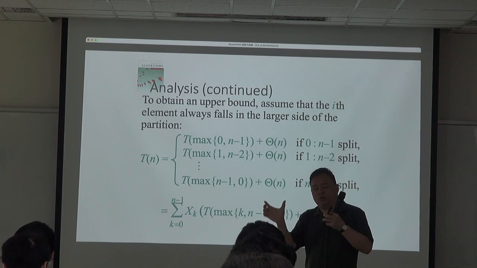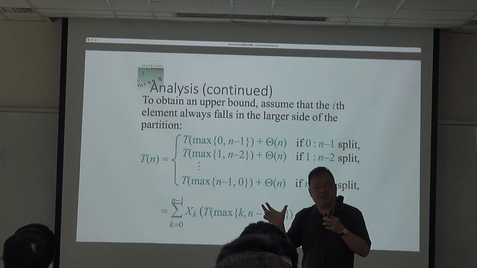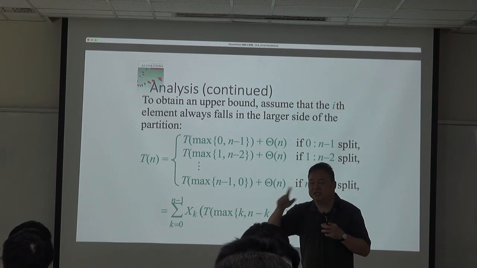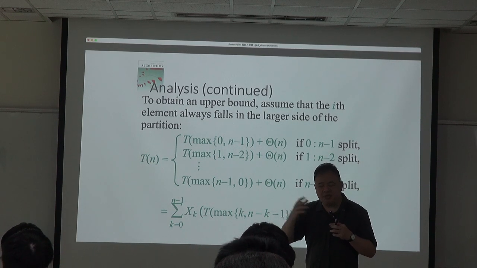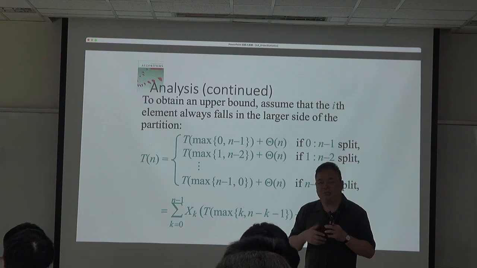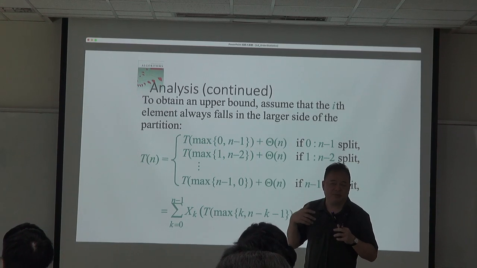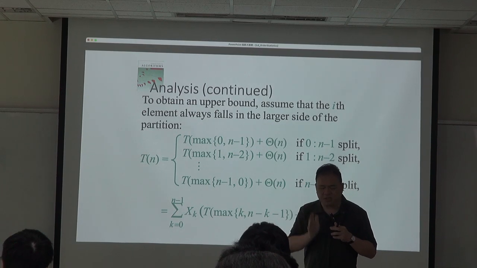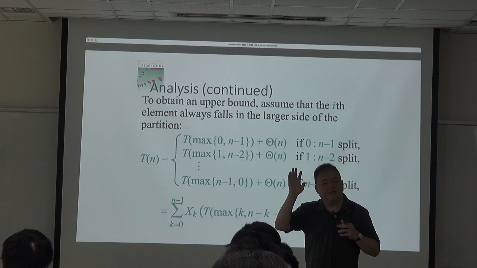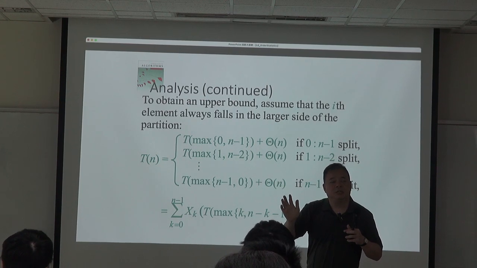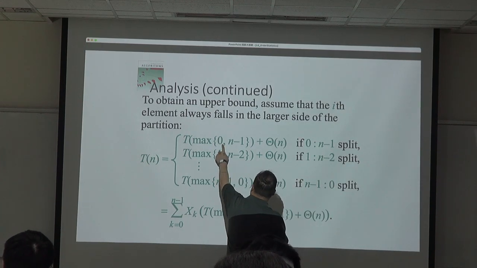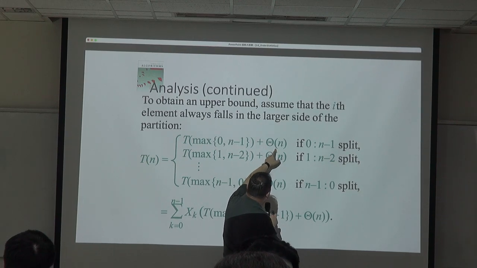When you partition into two groups, the worst case is that the number you are looking for is in the larger group. If the number is in the smaller group, then you're lucky, and the time to find that number will be reduced. So let's assume that every time after the partition, the number always sits in the larger group. That's why we have max of 0, n minus 1 plus theta n.